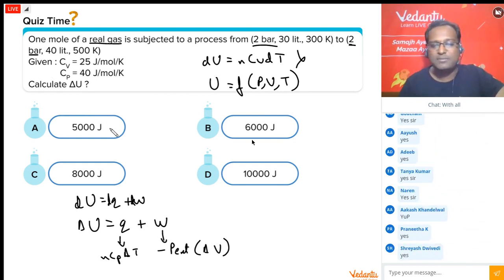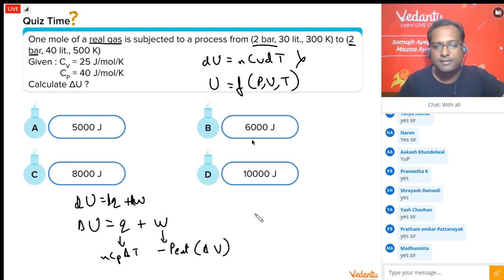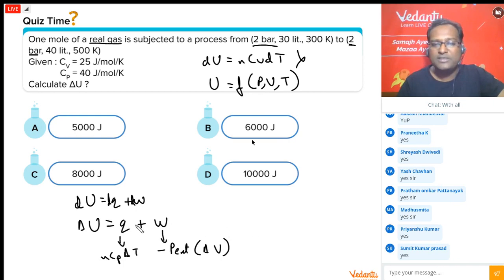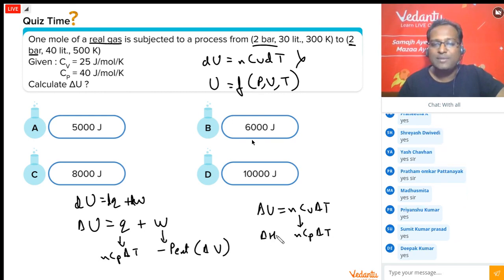Now the question comes, but sir, last class, if you remember, it was sort of this derivation only which converted nCv delta T into nCp delta T for delta H. Do you guys remember?